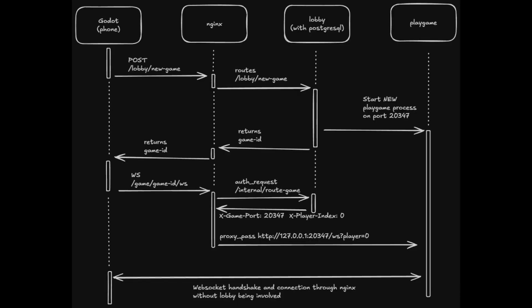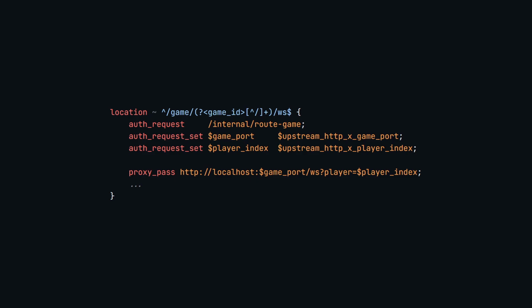So 2 things are happening here. First, nginx makes a side request on internal/route game. This is done before routing the WebSocket connection. This side request to the lobby service asks, where does game 1234 live? The which player part is answered by the player token from before, which would have been passed on every single request.